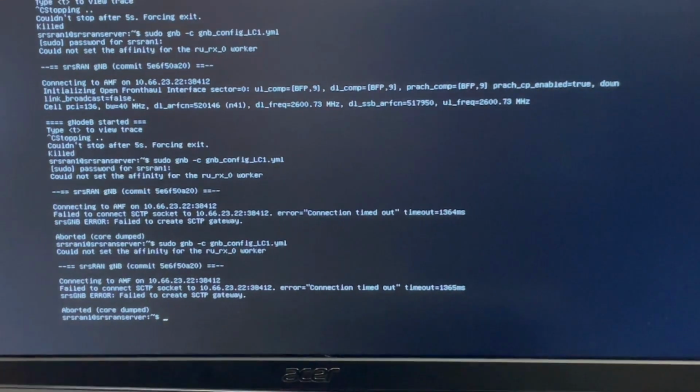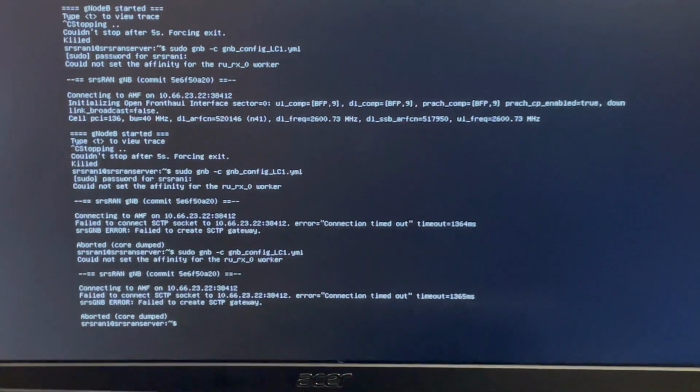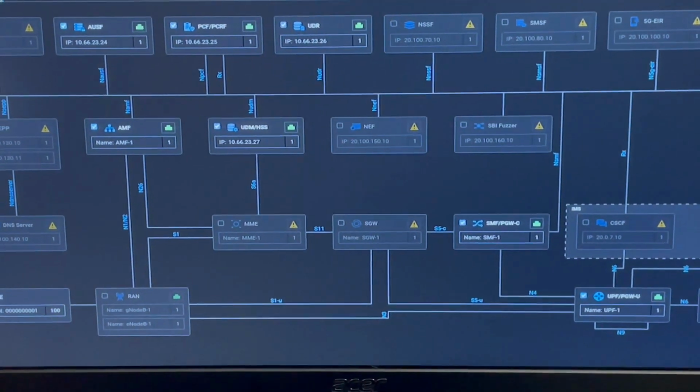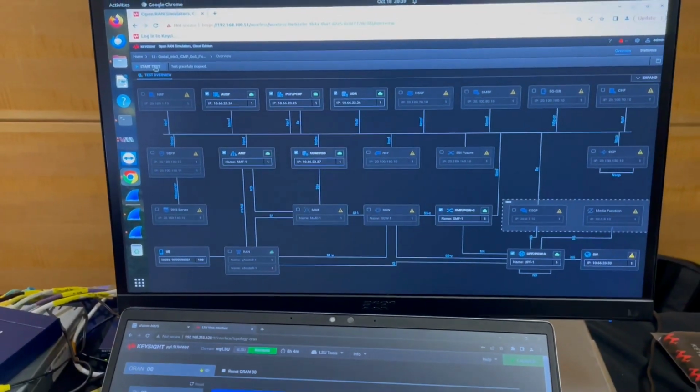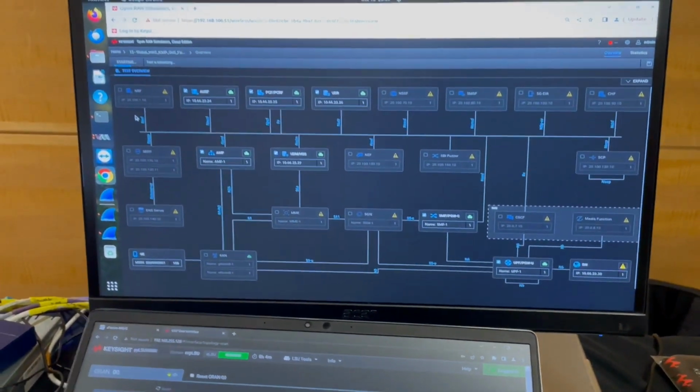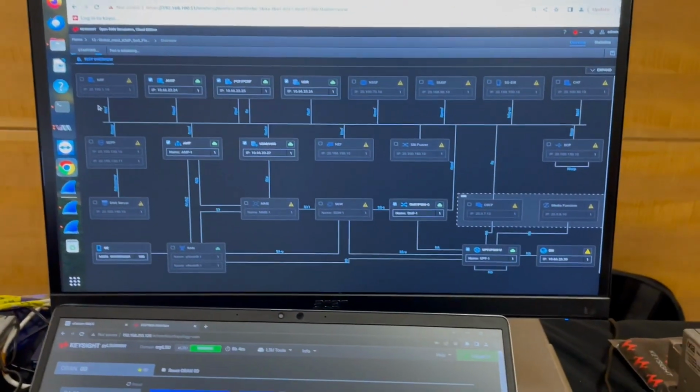Okay. So what happened was the reason the core dumped there was because we didn't start the core network. So let's go start the 5G core network. Okay, so we got an error flag there. There we go.